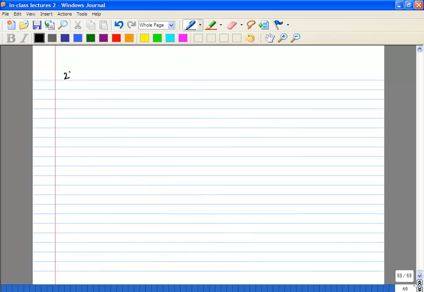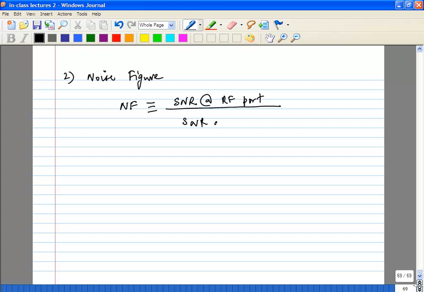Next one is noise figure. What is your noise figure defined as? Remember we looked at the definition, SNR in over SNR out. So it's SNR at the RF port over SNR at the IF port.